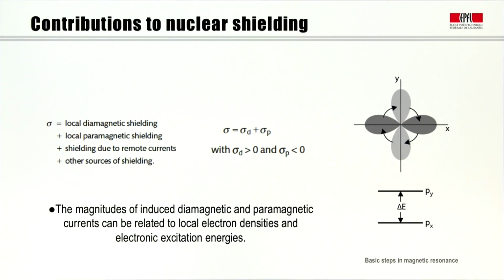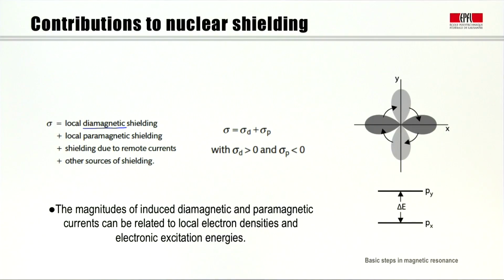Now, in the meantime, people have been trying to split contributions to nuclear shielding into different parameters. The effect that I spoke about at the very beginning of chapter 2, the one that we find in helium-3 and in xenon-129, which, by the way, is also known as the Lamb shift, is more properly known as a diamagnetic shielding.